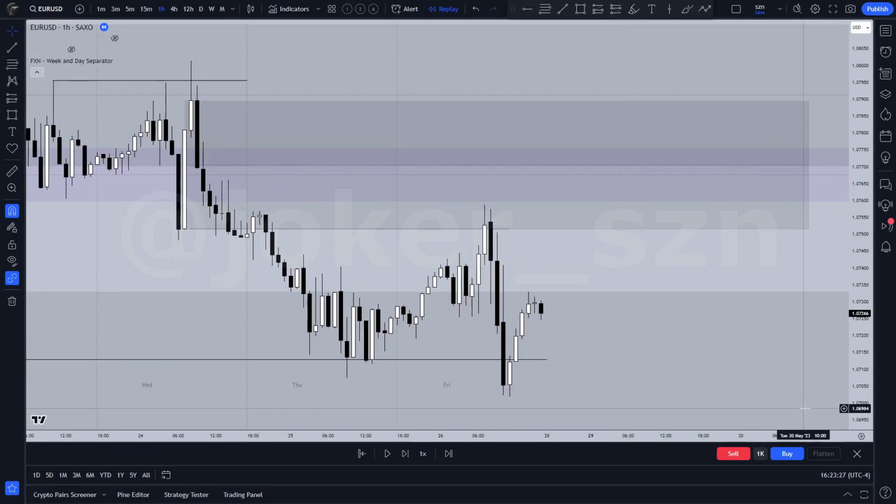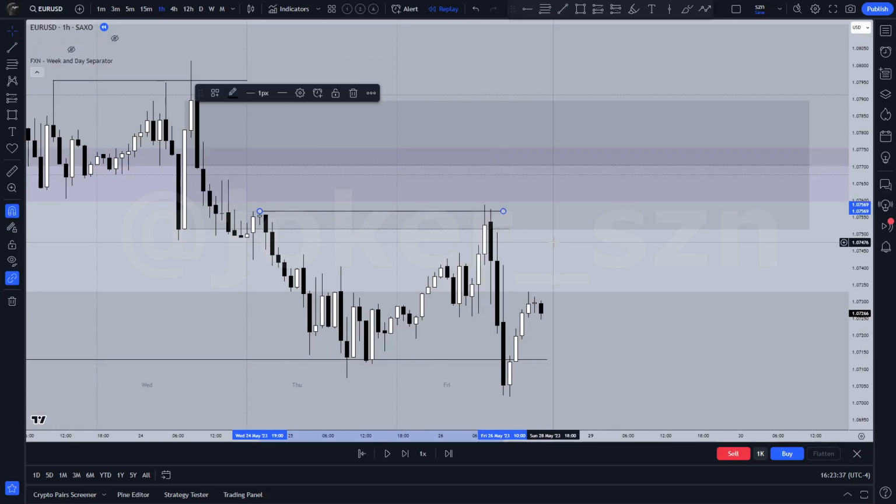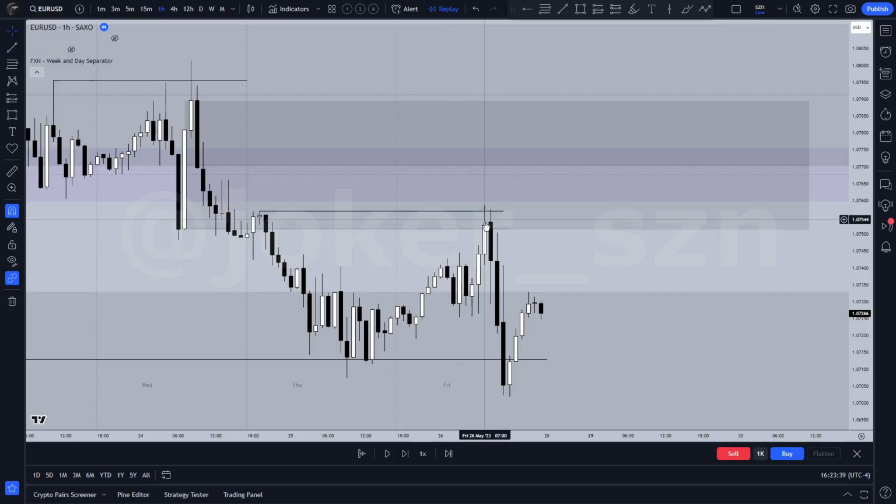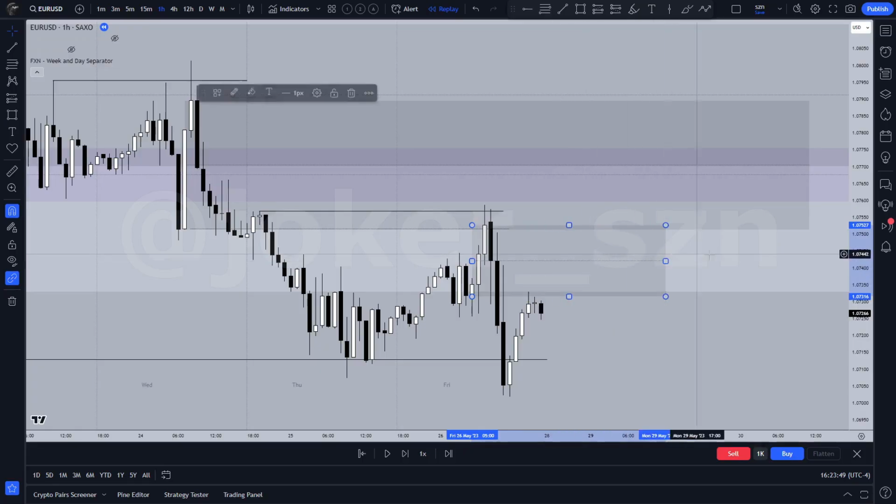And we can also see now that we have retraced on Friday into that order block here, right? And we've taken again the buy stops resting above this high, and then we have displaced lower again, and we have left behind another order block right here. Because this is now a propulsion block, why?